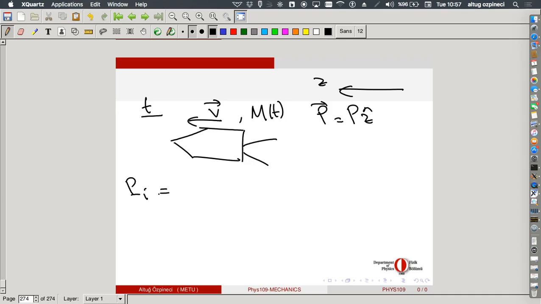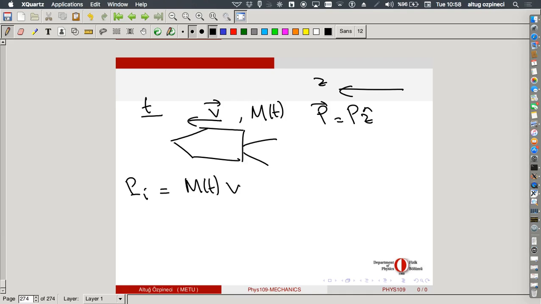The initial momentum is mass times the velocity, the speed, since we are just looking at the component, so it is m times v. This is at time t. I just look at the rocket, I call my friend to ask what the mass is, and I measure its speed. So at time t, this is the initial momentum of my rocket. Of course, it's in that direction.